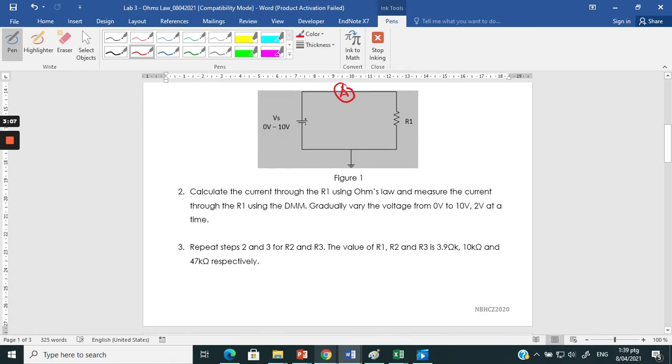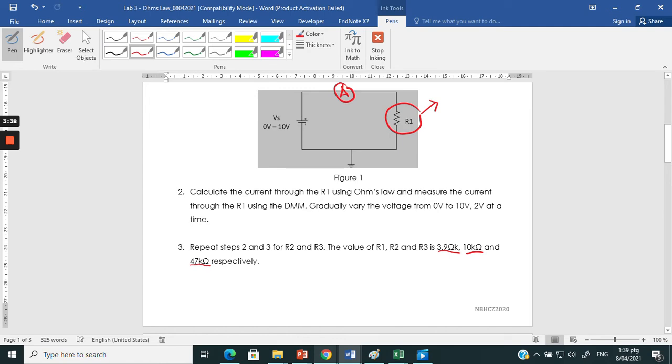Next is to repeat steps number 2 and 3 for R2 and R3. Here we have only one resistor, however you need to change the resistor value. Firstly the value is 3.9, next change to 10 kilo ohm, and last change to 47 kilo ohm.